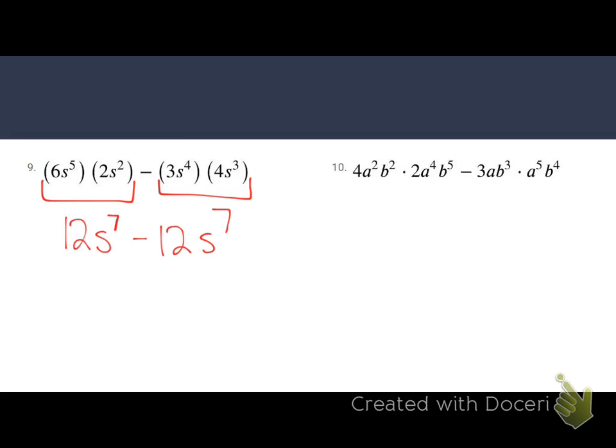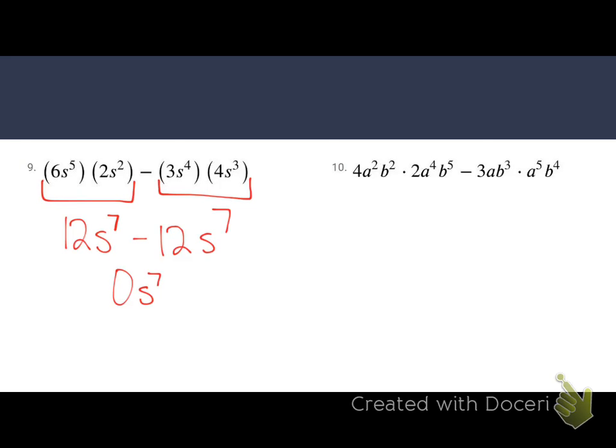When we can add or subtract terms because they are like, meaning same letter or letters with the same exponents, we only add or subtract their coefficients. So in this case, we would take 12 minus 12. 12 minus 12 is 0.